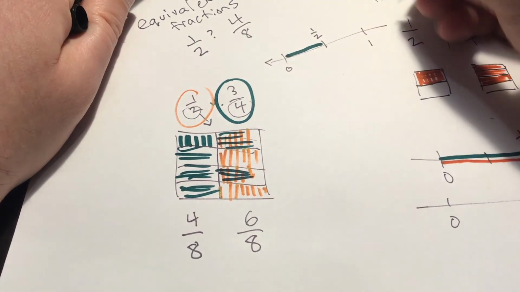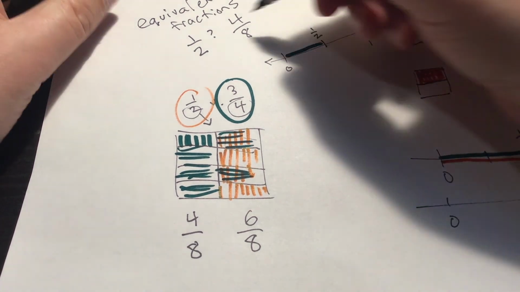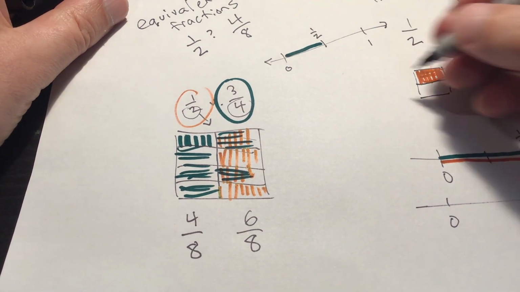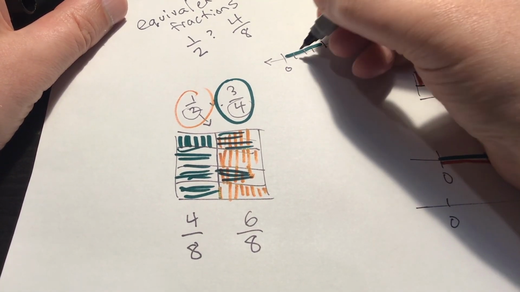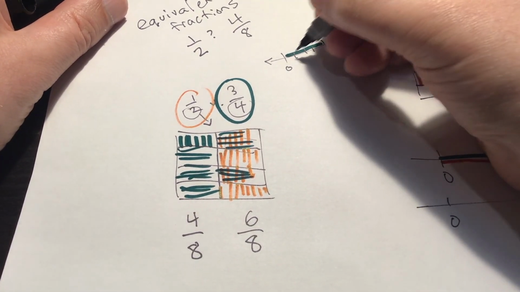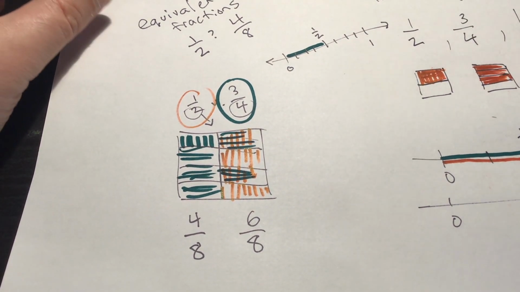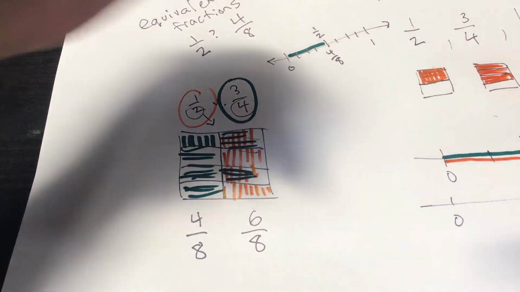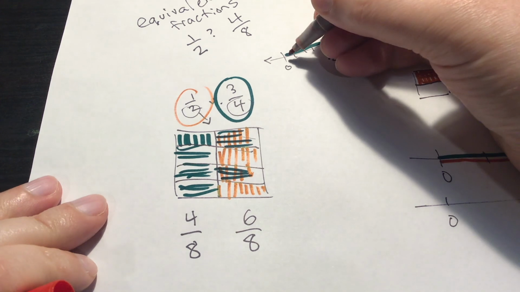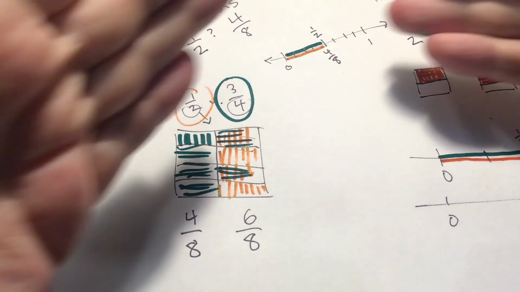So we're 1 out of 2 on our way to being whole, okay? 4/8, if I put it on the same number line, I need to split it up into 8 parts. 1, 2, 3, 4, 5, 6, 7, 8. 8 parts, okay? And 4, I need 4 of them. 1, 2, 3, 4/8.